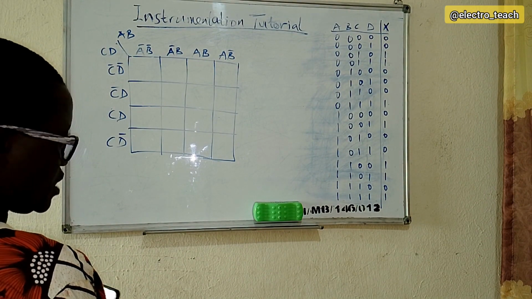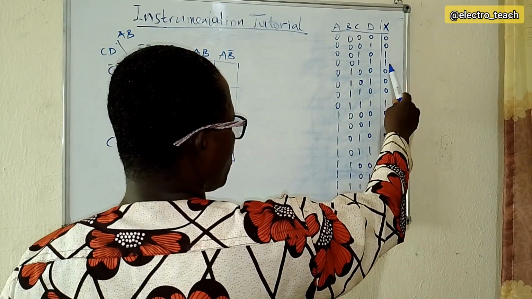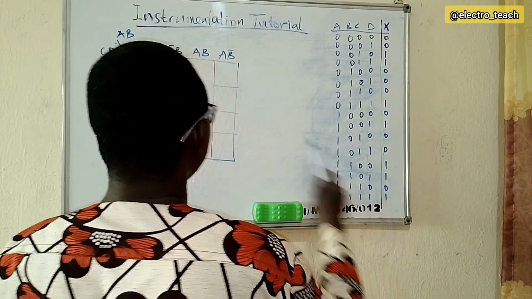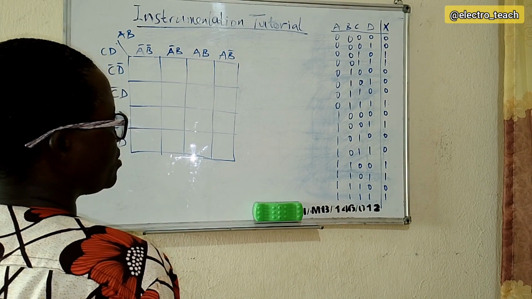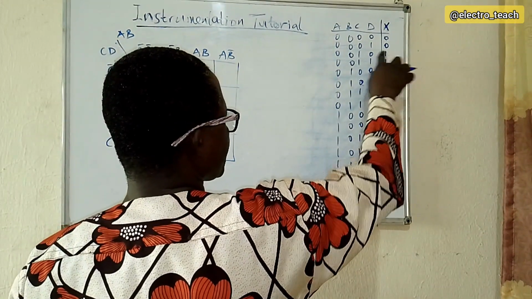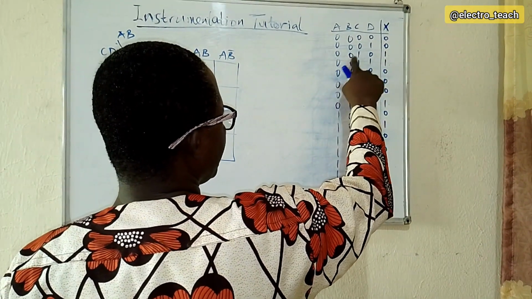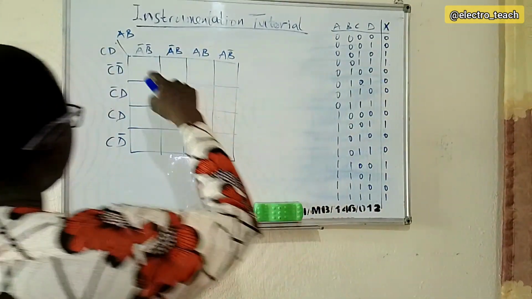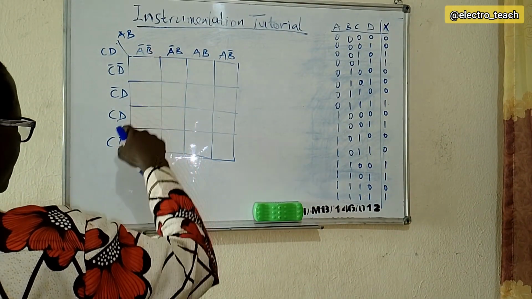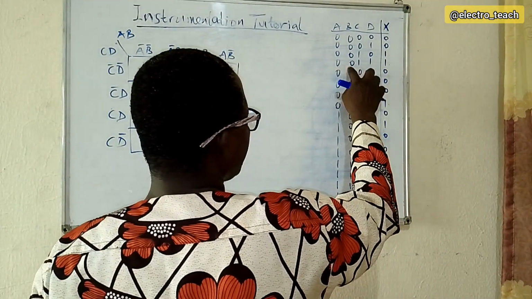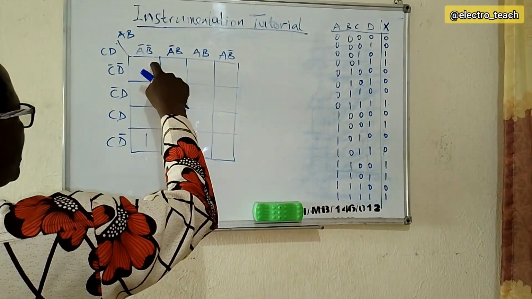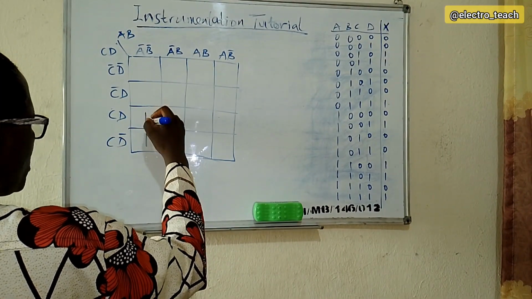So where we are dealing with is where we have 1s, and then map them into the various cells where they belong. Looking at this one, for instance, you have A bar, B bar, C, D bar. So we are putting 1 here. The next one, A bar, B bar, C, D. We are putting 1 here.